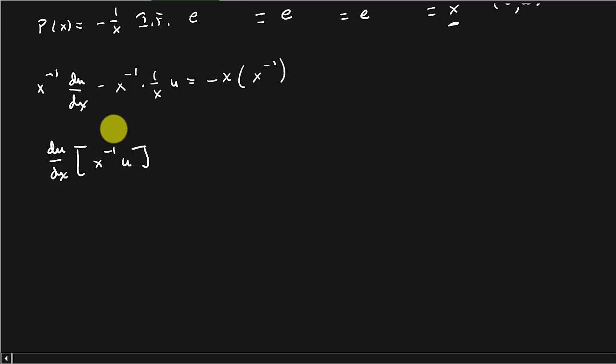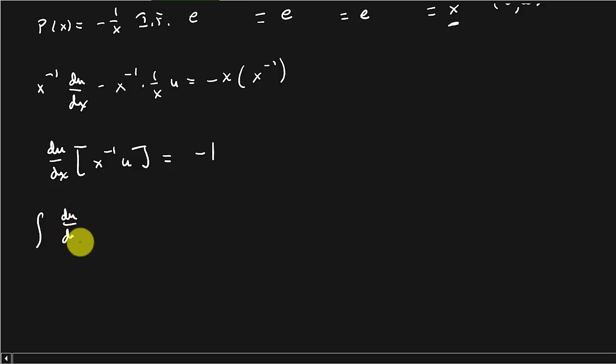Remember, for integrating factor, whenever you multiply both sides by the integrating factor, the left-hand side becomes what? The product of the integrating factor and your variable. Typically it's y, but in this case we have a u. Okay? And that equals negative 1. And then we're going to integrate both sides.